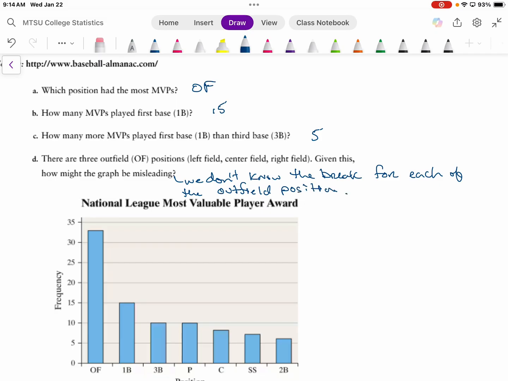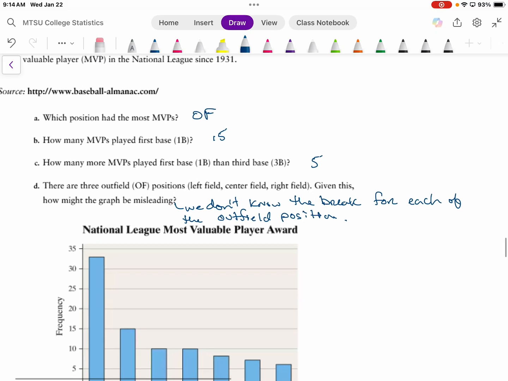We know collectively as a whole the outfield has the most, but how does that look? It looks like 33, 32, based on where that line is, somewhere around 33 outfielders have won MVP awards. We just don't know. Is it an even split, 11, 11, 11? Or is it greater for one of them? Or is it less frequent for one of the outfield positions to get an MVP award?